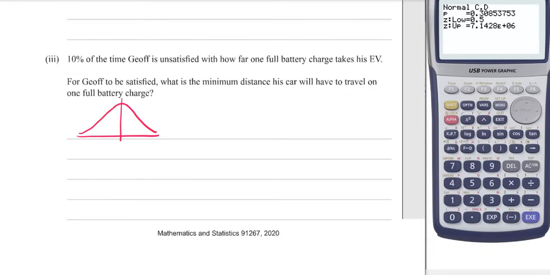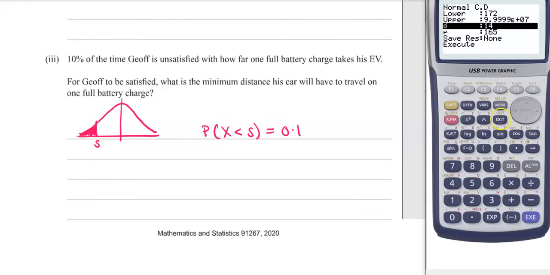So we're talking about his shortest 10% of journeys, and we're trying to work out this value where 10% of them were too short, so he wouldn't be happy with them. So we're working out the probability that x is less than some number. I won't call that x, actually, we'll call that s for satisfied. Okay, so x is less than s would equal 10%, 0.1.